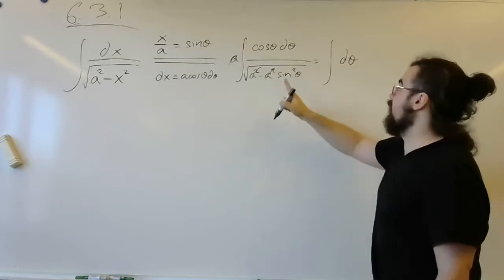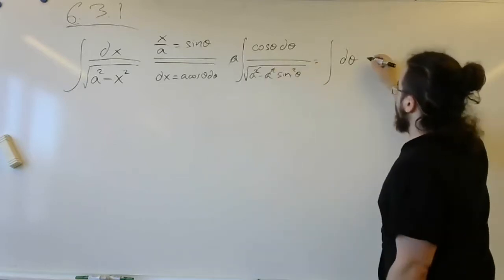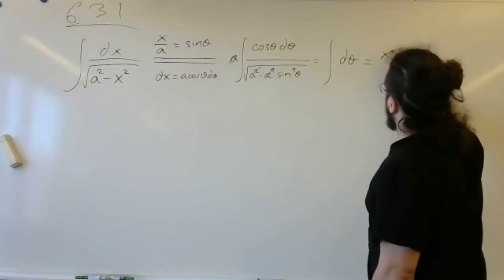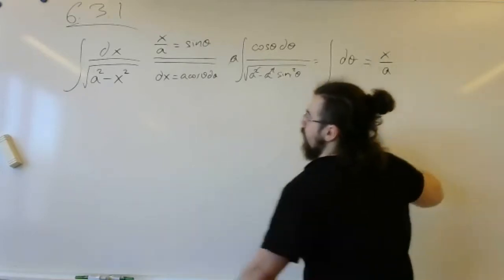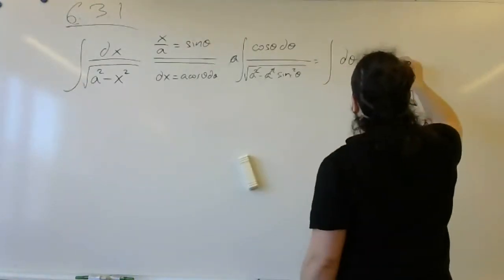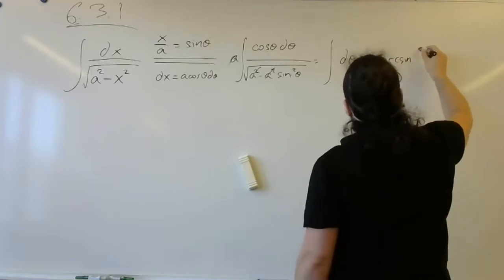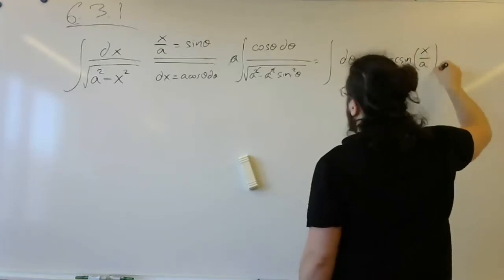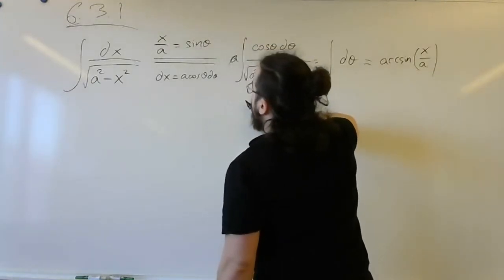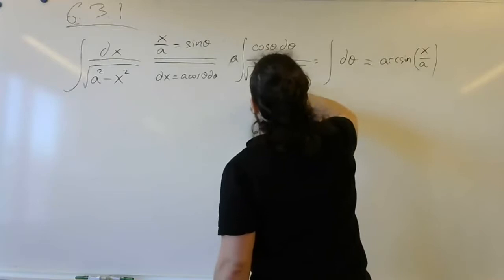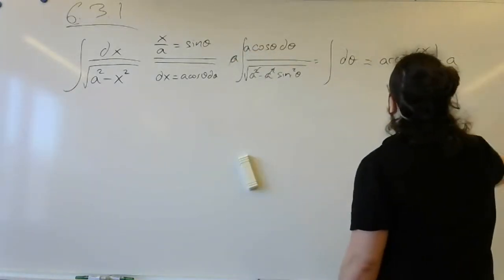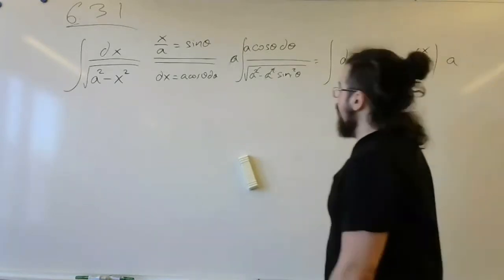The square root of cosine squared is cosine, divided by cosine is 1. Sorry. So this is, wait, give me a second. That right there.